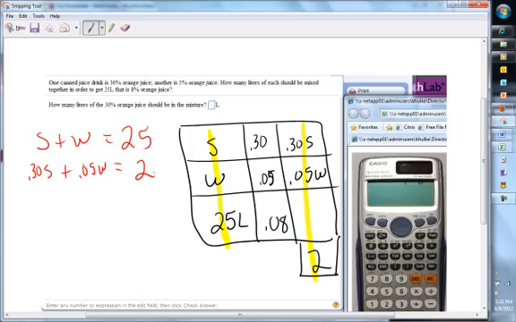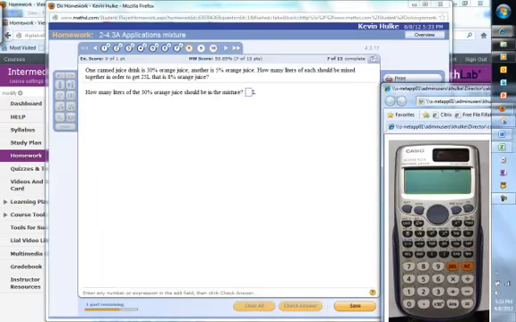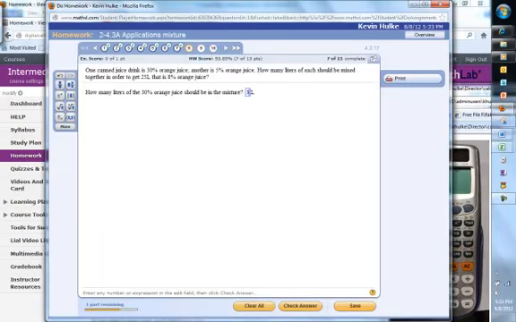And the other one is 0.3, 0.05, 2. And we get X is 3. So S is 3, and W is 22. So we need 3 liters of the 30% and 22 liters of the 5%.